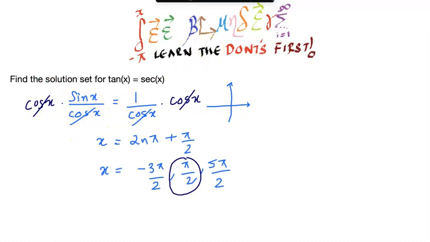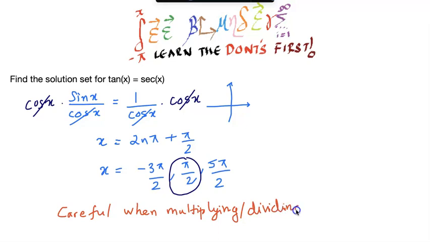But the important lesson that we learned is that you have to be really careful when multiplying or dividing both sides of a trigonometric equation, because you could multiply both sides by cos x or sin x, but for some values of x those are going to be 0.